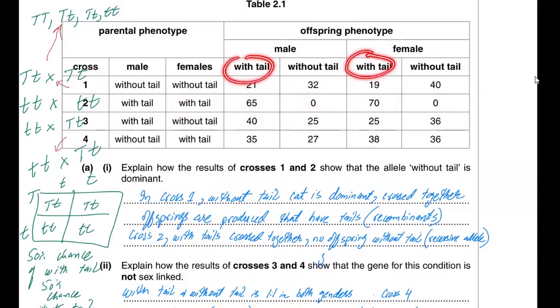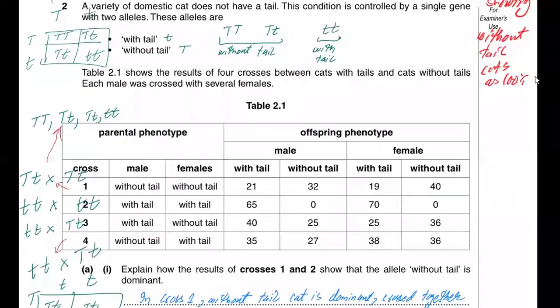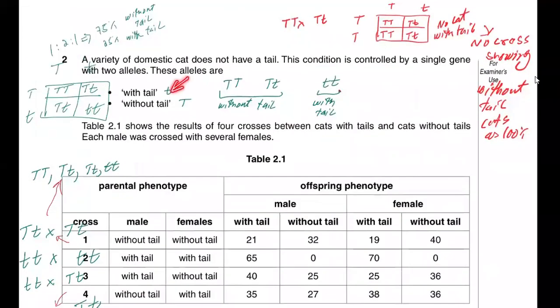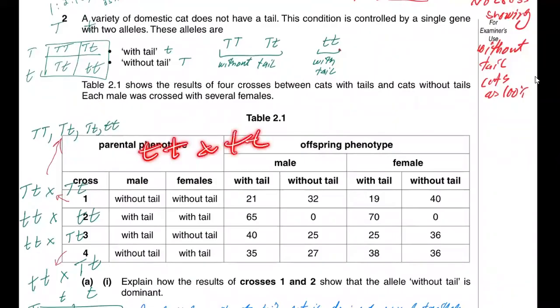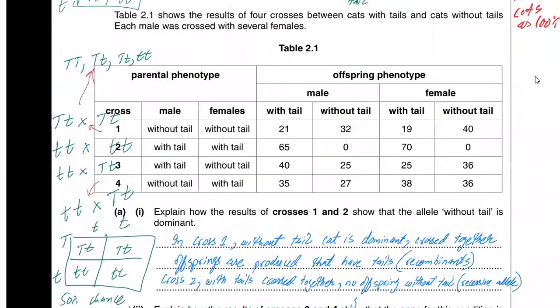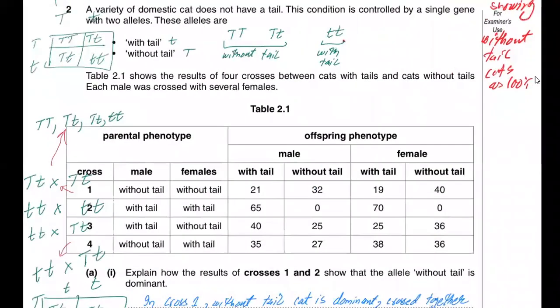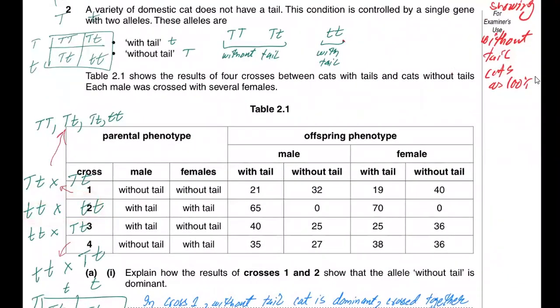How do we know that with tail could be the recessive trait here? Because when you cross small t, small t with small t, small t, all 100% of the offspring will be small t, small t. They won't be without tail.